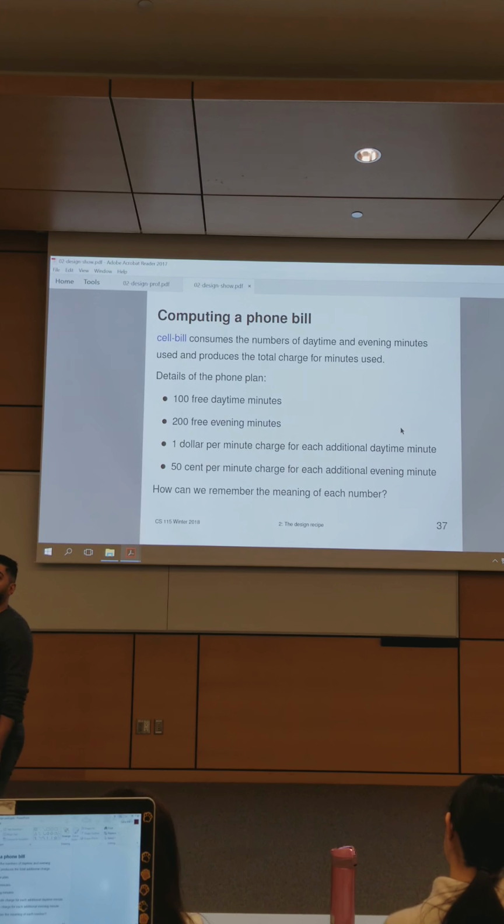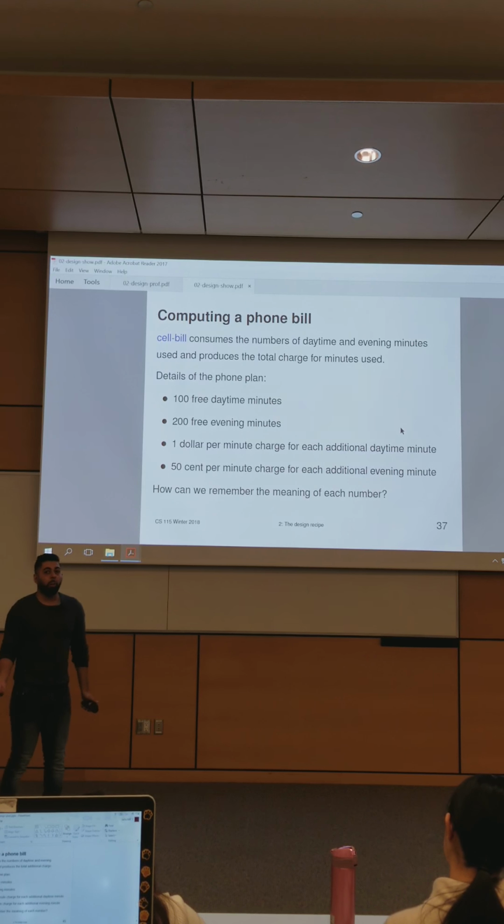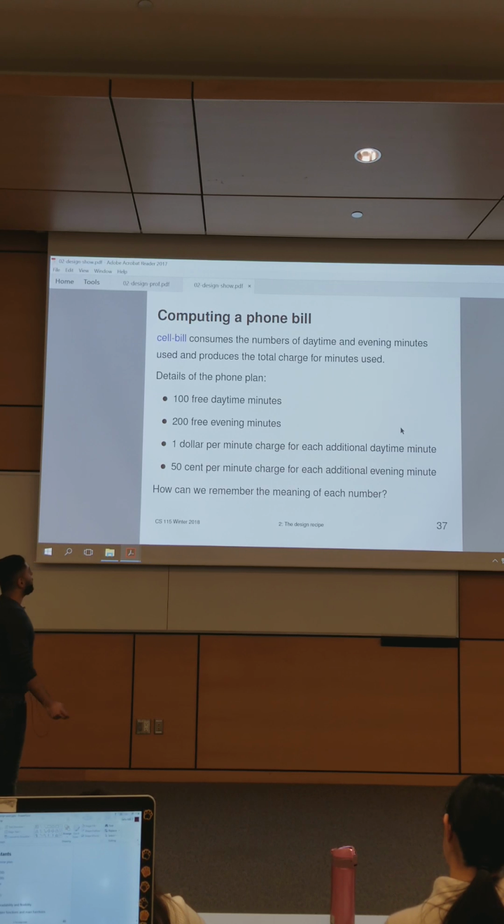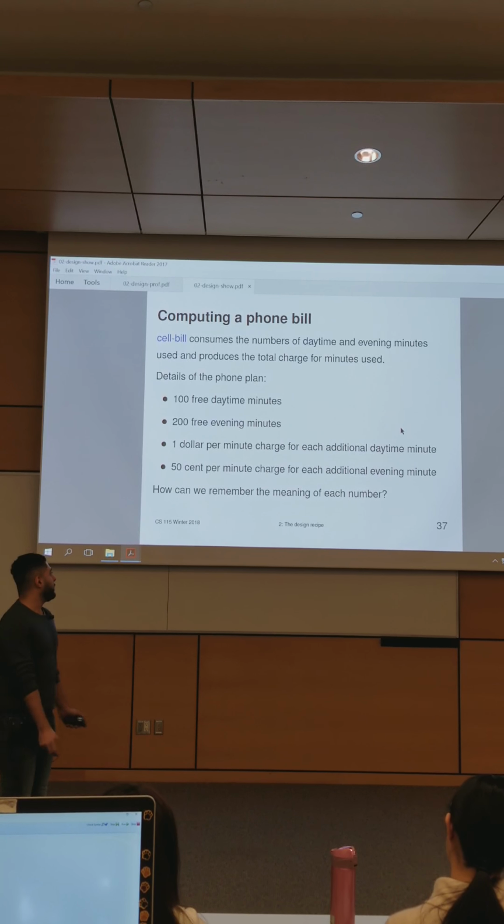We're assuming that your phone is charged according to these rules. You have 100 free daytime minutes, 200 free evening minutes, and every time you go past this, you get a $1 charge for each additional daytime minute and 50 cents for each additional evening minute.